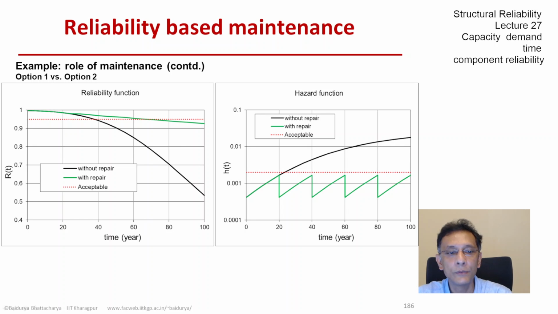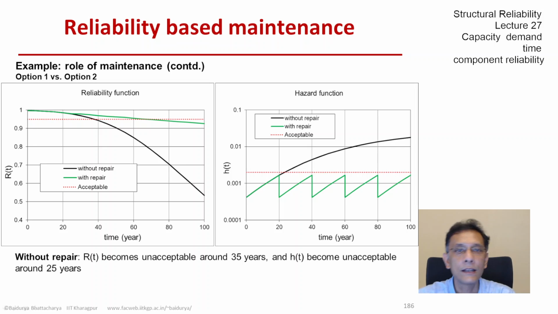every 20 years. So we can draw this general conclusion that without repair, the reliability becomes unacceptable around 35 years of age, which is when the black line crosses the red dotted line, and H(t) becomes unacceptable around 25 years of age, which is when the black hazard line crosses the red dotted horizontal line.